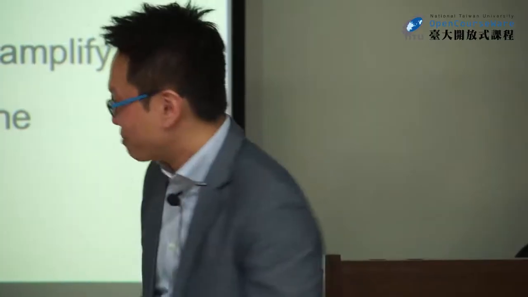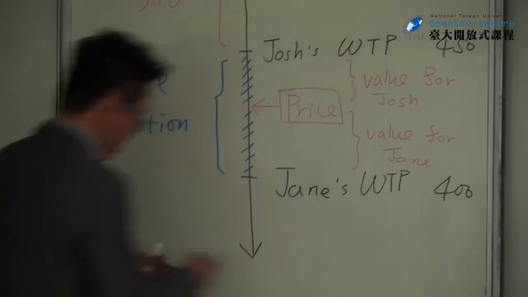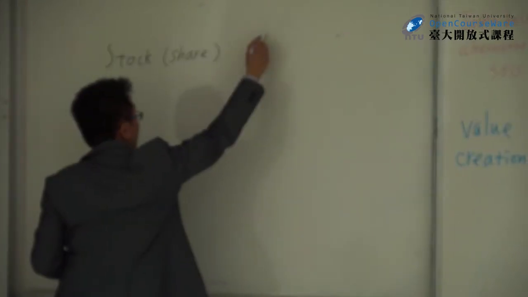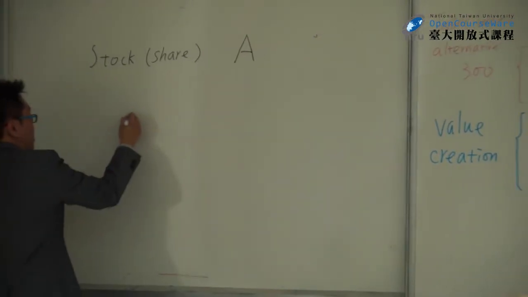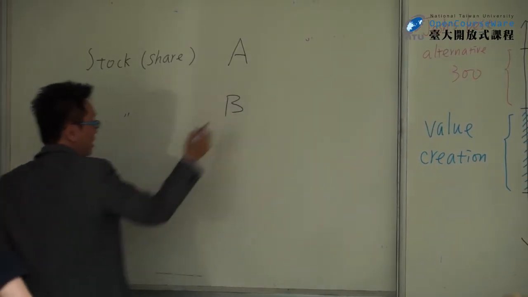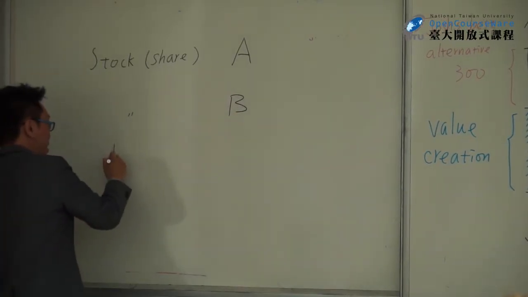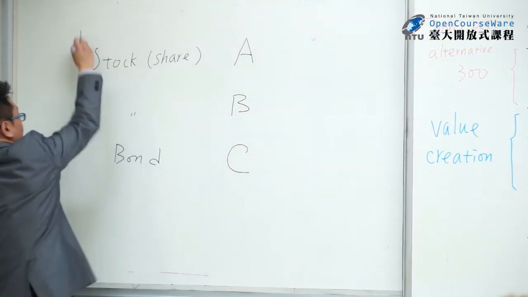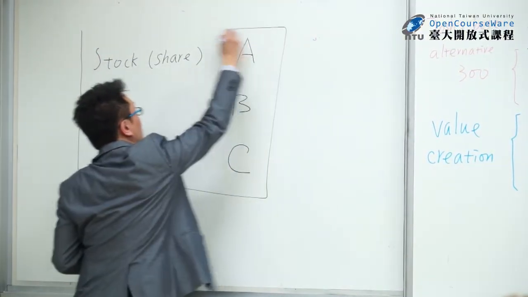Let me get my problem clear. If you have a chance to learn Finance 101, or we just say shares, you have company A stock, you have company B stock, and you also have some bonds. And this is your entire finance portfolio.